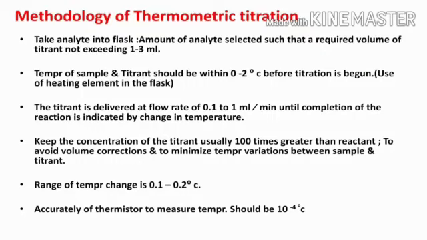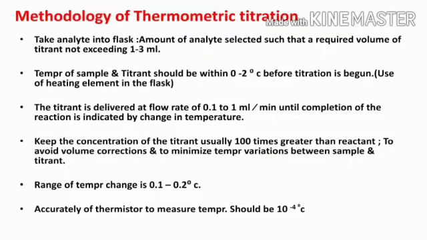The temperature difference between the titrant and sample should not be more than 0.2 degrees Celsius. If it is more than 0.2 degrees Celsius, then a small heating element is used in the titration vessel which provides heat to the sample up to the temperature of the titrant.